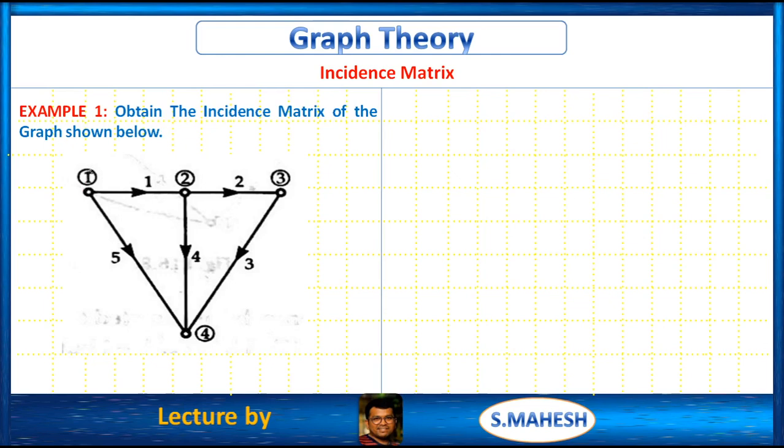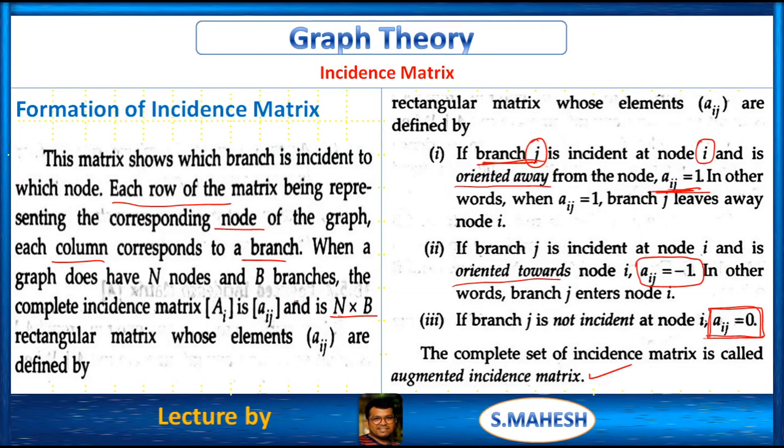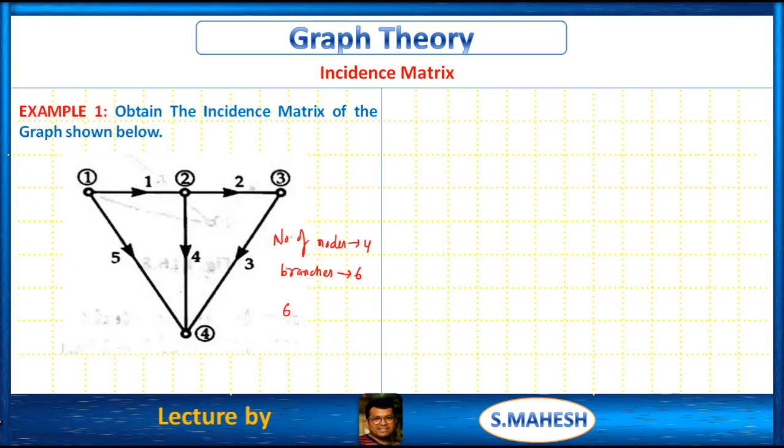See how many nodes we have. Number of nodes 4, branches 6, right? So the class of that matrix is n by b.